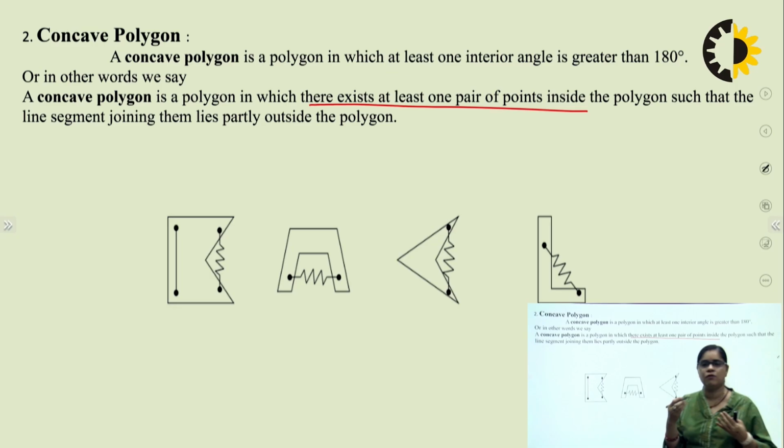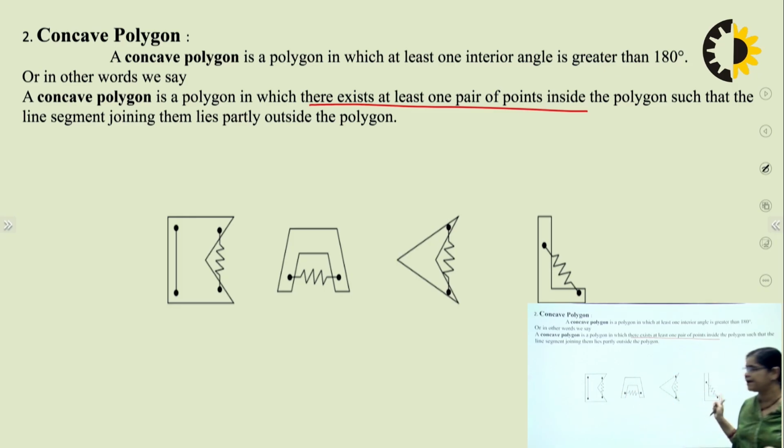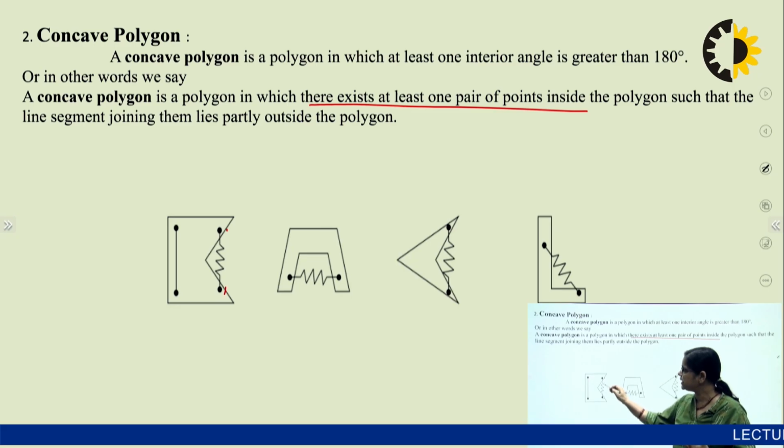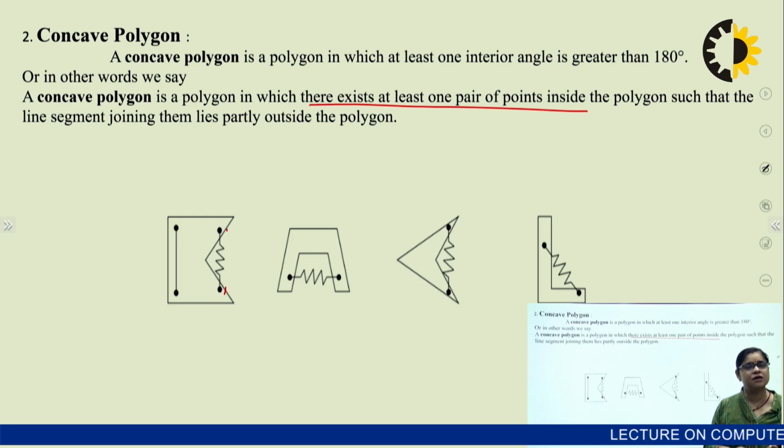For example, when we are joining two points inside the polygon, if part of the line segment lies outside the polygon, then only it will be called a concave polygon. So if you clearly see these diagrams, if I am joining this point and this point, you will see that the line is partially outside the polygon. It means it is a concave polygon.